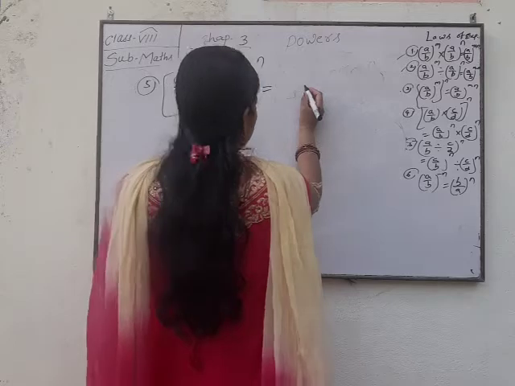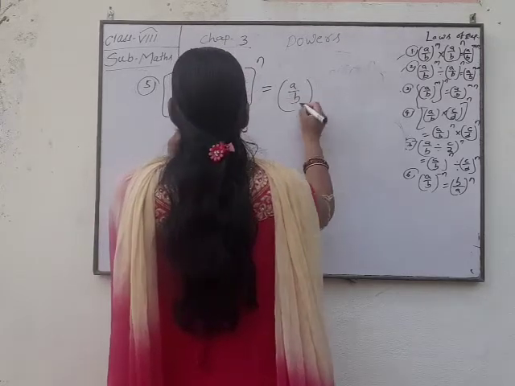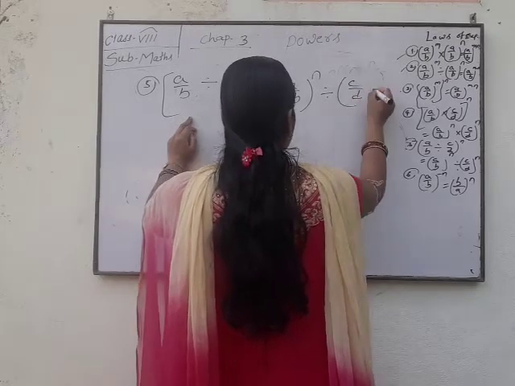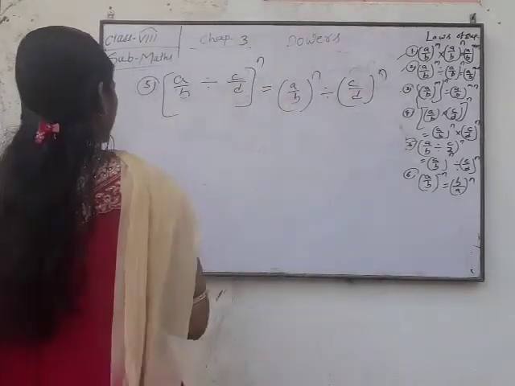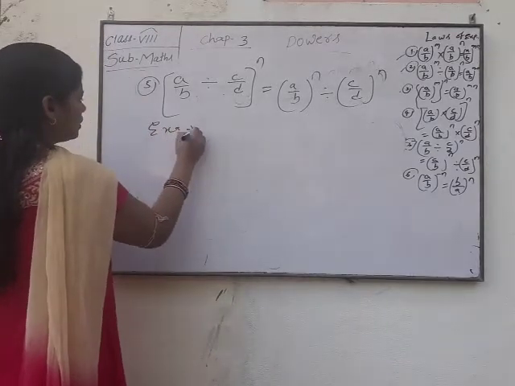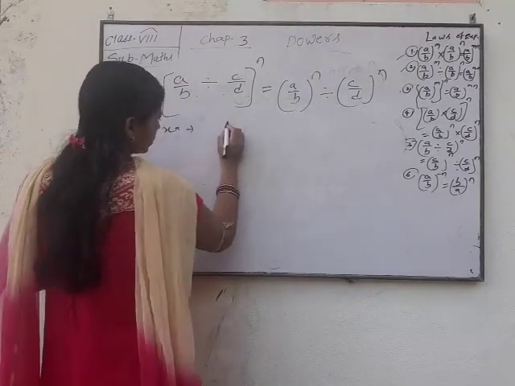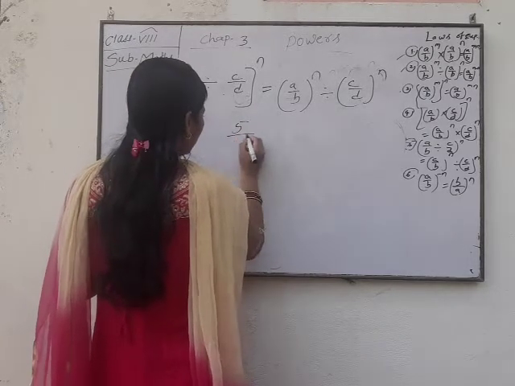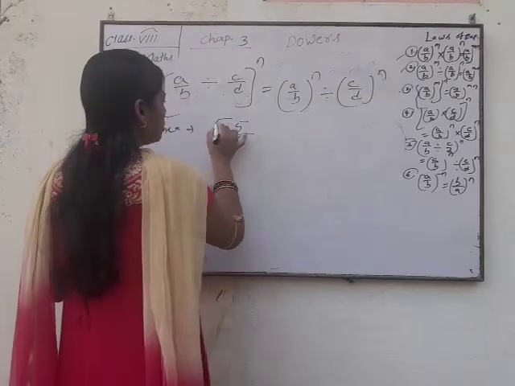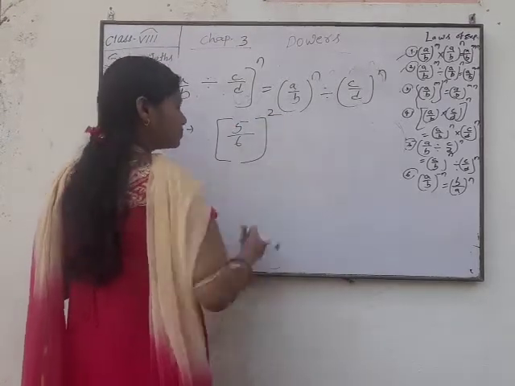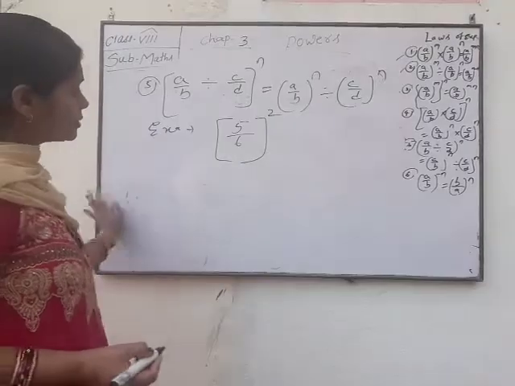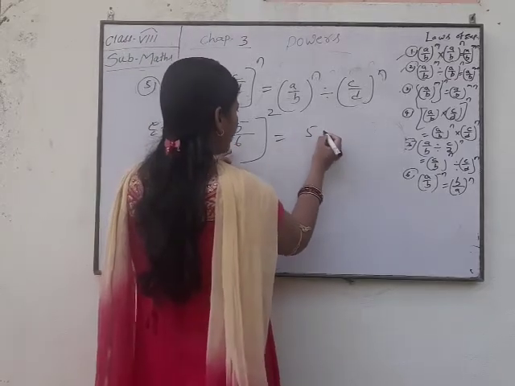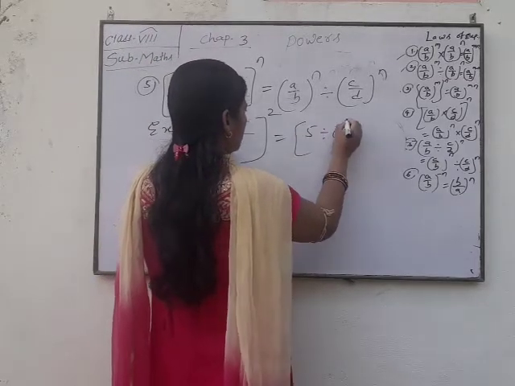Your a by b to the power n divided by c by d to the power n. Means, your one example, suppose 5 by 6 whole to the power 2. Your question is 5 by 6 to the power 2. It means what? 5 divided by 6 whole to the power 2, na?